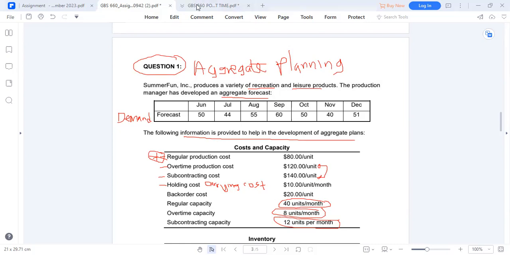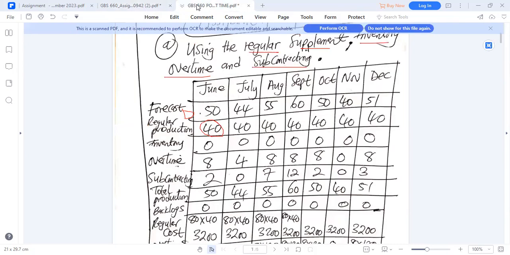Now, when we produce the 40 units to meet the demand, the 40 units is not enough because our demand is 50 in the month of June, meaning that we are supposed to go for other alternatives. Overtime was cheaper. Overtime was $120 per unit.